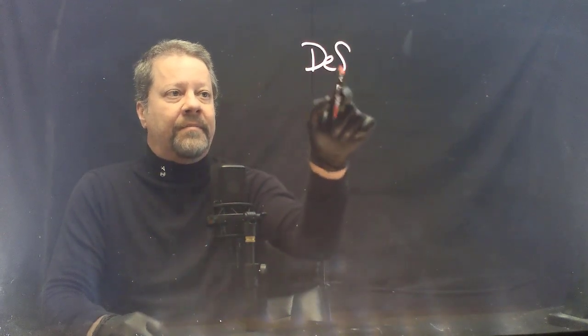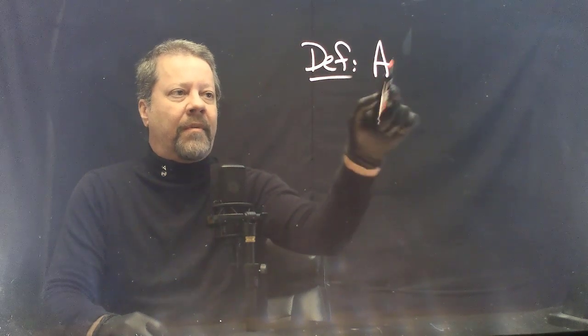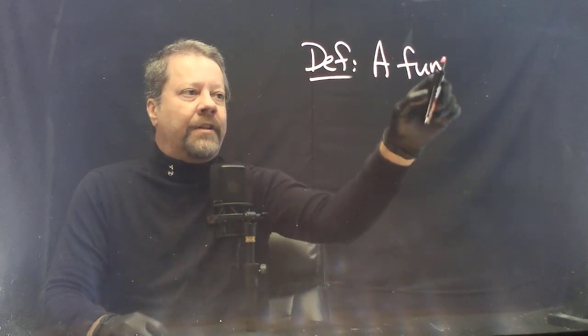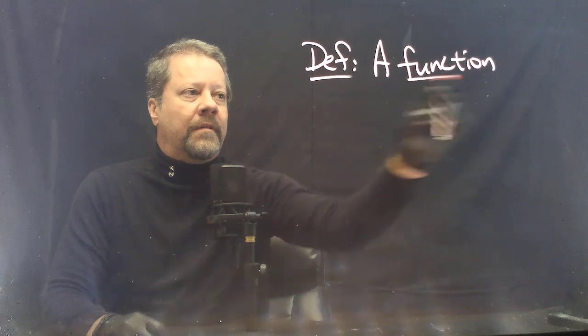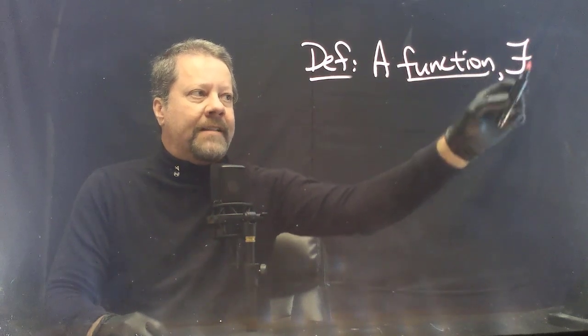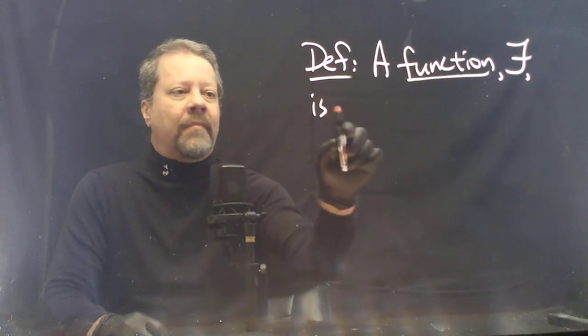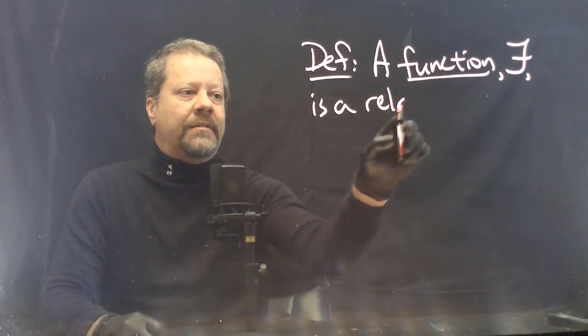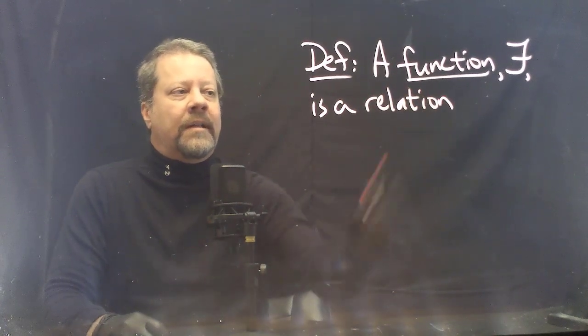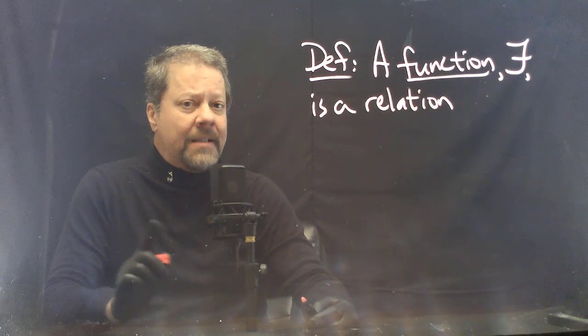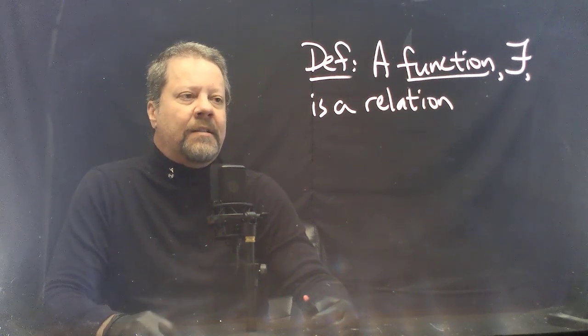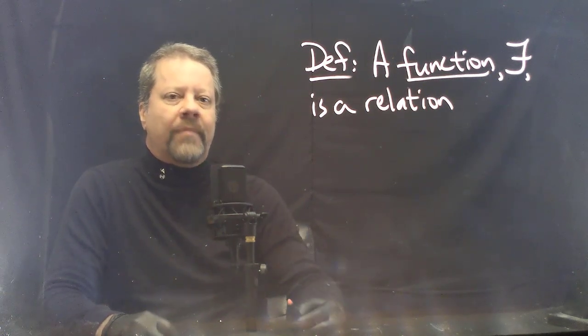Next, we're going to discuss what a function is. A function, and we'll call it a fancy f, is a relation. So in other words, a function is a collection of ordered pairs, but it has another restriction.